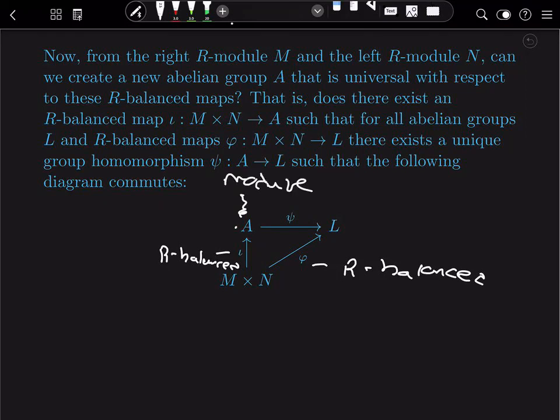If we construct a module that is universal with respect to these maps. So this is going to be a group homomorphism.